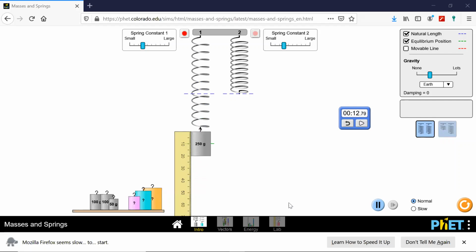Okay, just one cycle. So what would the period be for this case? Would it be 10 divided by 12.79? Or the other way around?